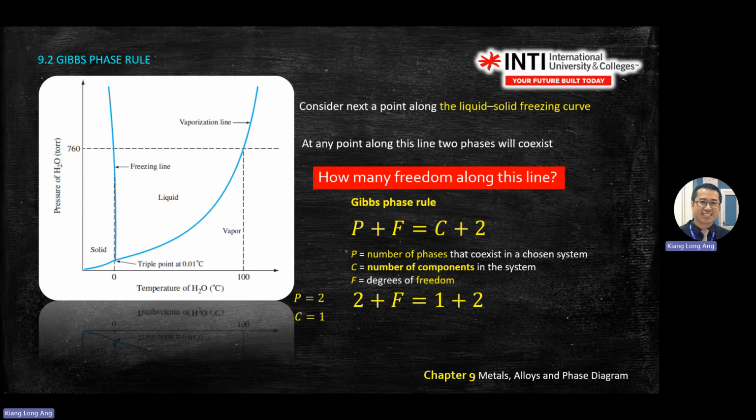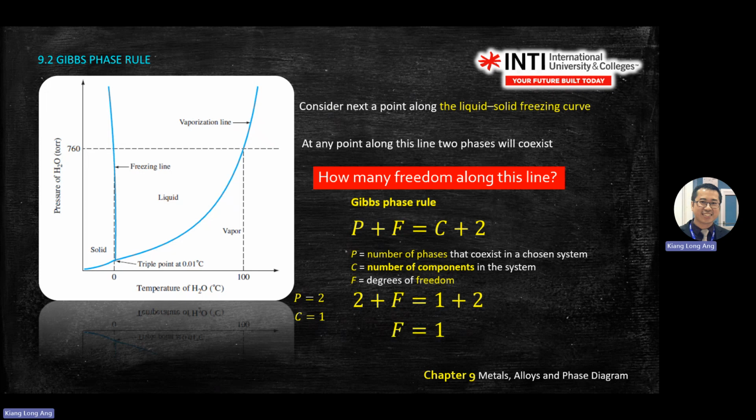Let's say you pick one line here, then you shift to the left, you change the temperature, it becomes solid. So you draw a line and fix the pressure, you can play with temperature. You fix the temperature, you can play with the pressure, but pressure is not very significant. You can play until very high.